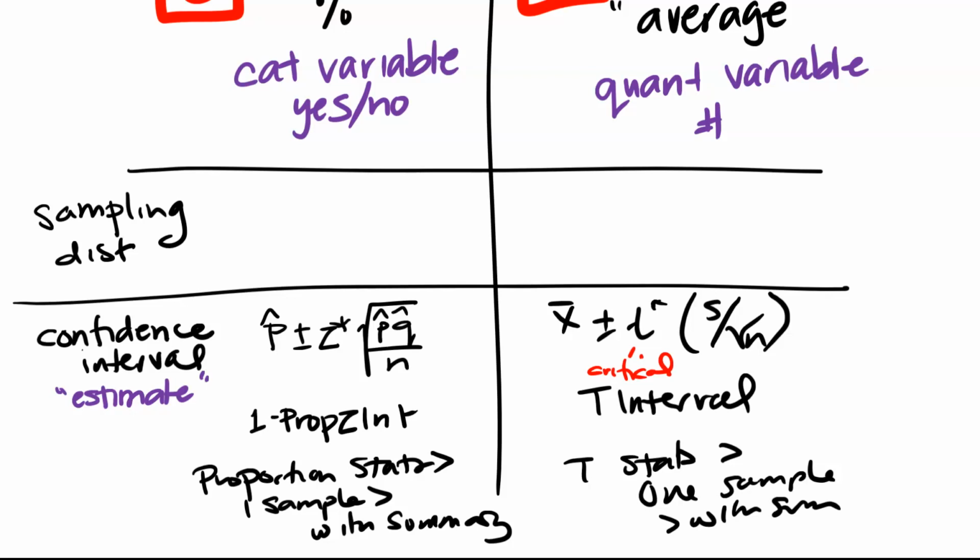The little multiplier there is our critical value. We call this piece here on the end our standard error, because remember, it's not technically a standard deviation. That does not need an S. And then we have a point estimate. So we could sort of break down all the pieces. But as you go through the sample exams, once you have this beautiful sort of reference sheet, you definitely want to make sure that you can tell which of these things you should be using.